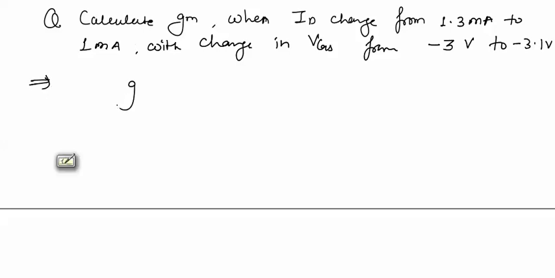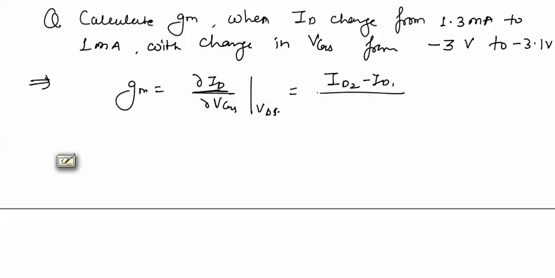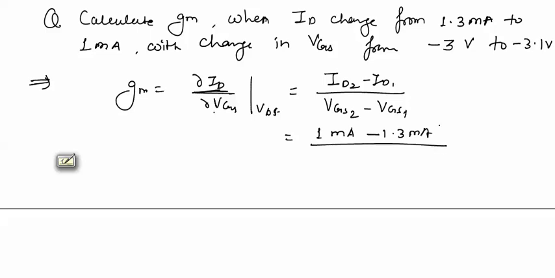Transconductance Gm. We know that transconductance Gm equal to del ID upon del VGS at constant VDS. Using this equation, I can write this change in ID equal to ID2 minus ID1 and change in VGS as VGS2 minus VGS1. ID2 is 1 milliamperes and ID1 is 1.3 milliamperes, while VGS2 is -3.1 volt, and VGS1 is minus 3 volt.